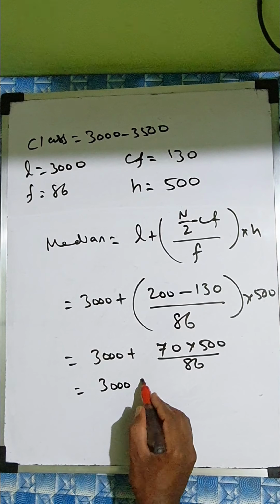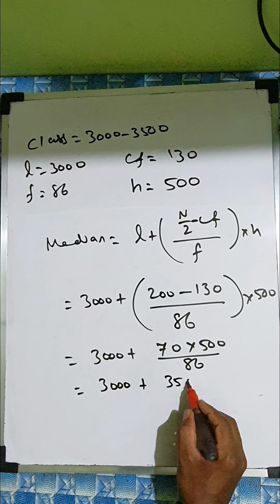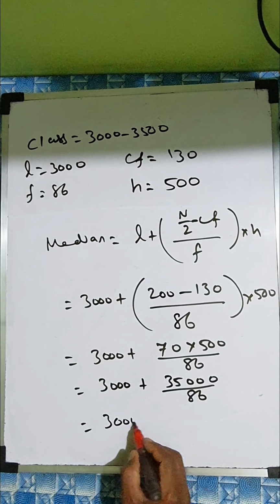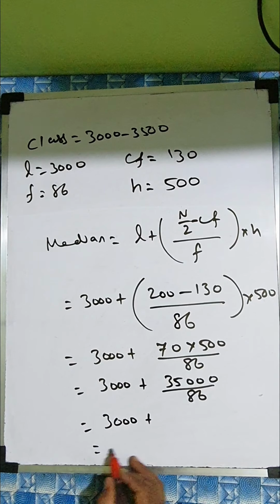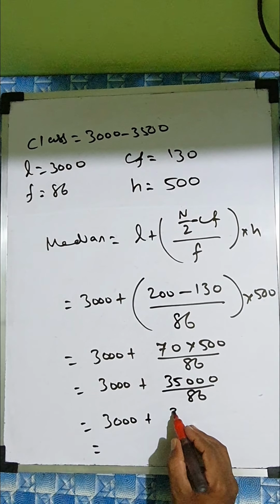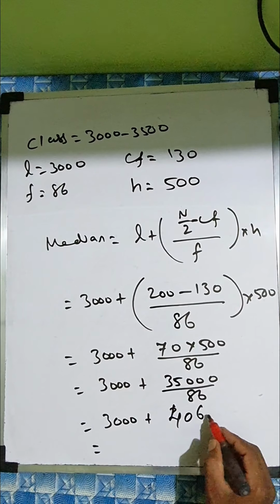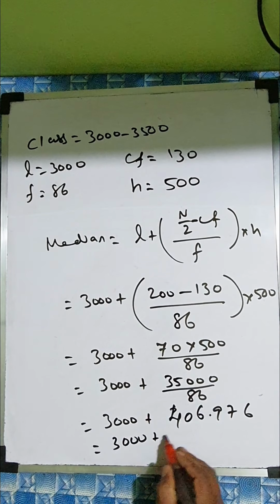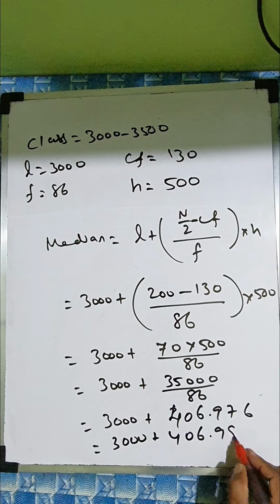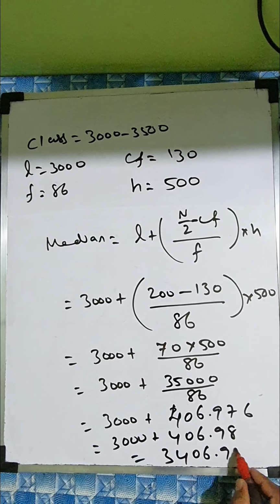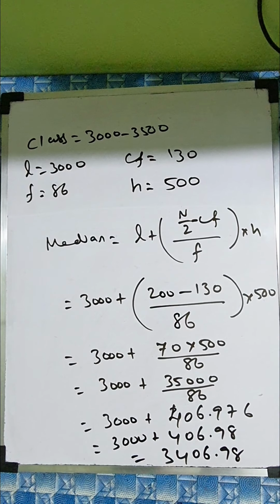So 3000 plus 7 fives are 35, then put 3 zeros, divide by 86. If we divide these two and add it, we'll get the answer. If we divide, it comes 406.976, so 3000 plus 406.98 approximately, so the answer is 3406.98. So that's over for question number 5.